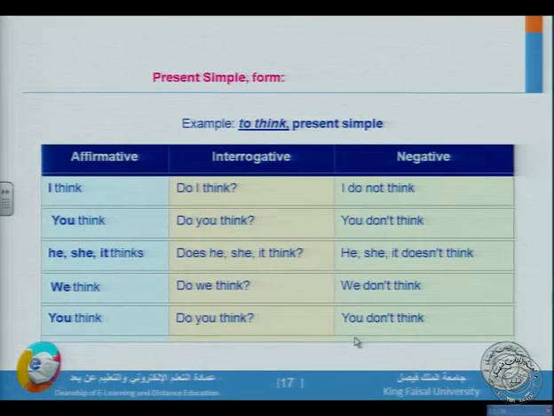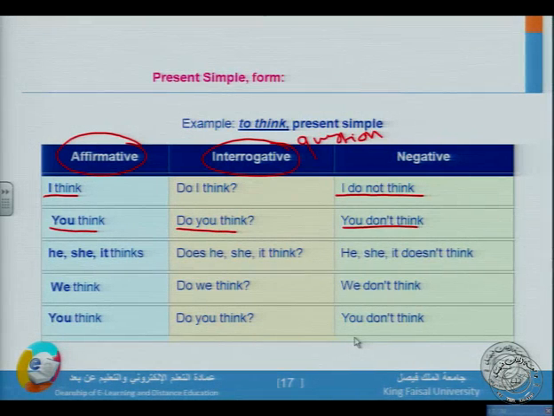So simply speaking, we have here what we have taken in the previous slides. The affirmative means a جملة positive, does not have a negative. فبحكي I think. لما بدي أعمل سؤال interrogative معناها question. Do I think? A negative, I don't think. You think? Do you think? You don't think. He, she, it thinks.